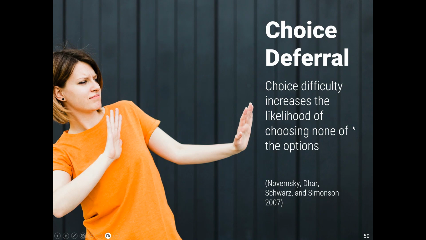For example, Novemsky and his colleagues found that when it's hard to process information, people are more likely to defer, or choose neither of the available options. So, considering choice deferral as a way to simplify our decision making, it could in some way suggest that disfluency can lead to heuristic processing.